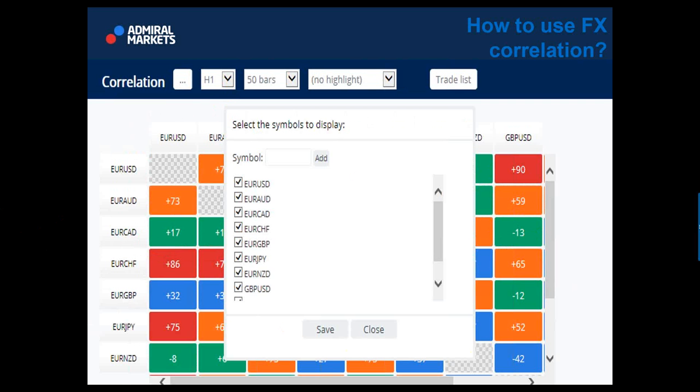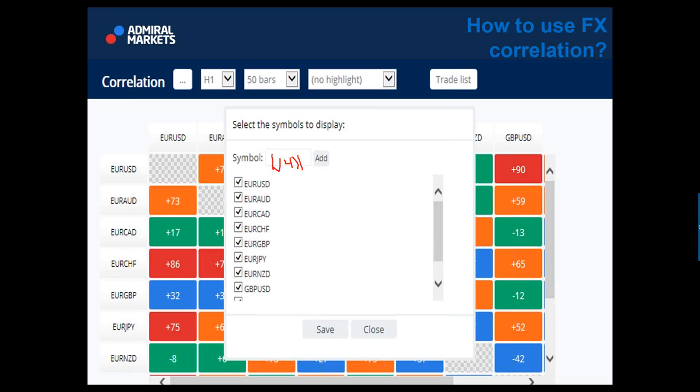Now, this is how you should also manage your correlation tool. You just need to click 1 hour. For 1 hour, it's the intraday correlation table. Then click this to change from 200 to 50. And then at this field, you can enter the symbol name. Let's say you put here New Zealand yen.